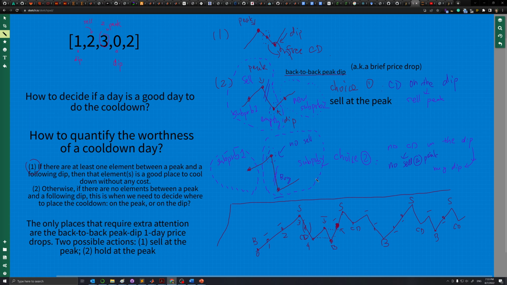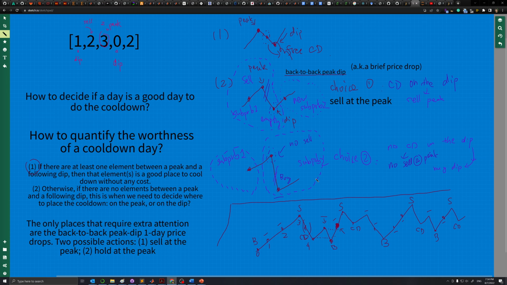So when we sweep, or do a for loop from left to right, whenever we encounter such a back-to-back peak dip drop, we have two choices, right? Choice one is we're gonna include both the peak and the dip, and then cut the problem there, or we can just cut the problem right before the peak and the dip.